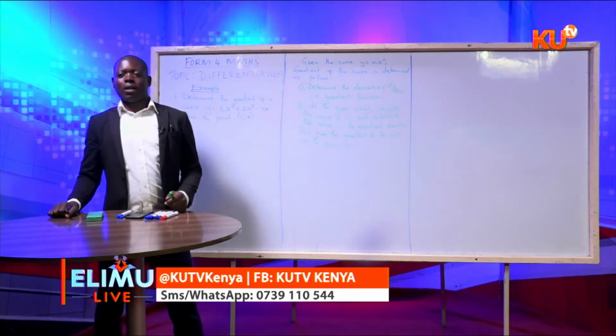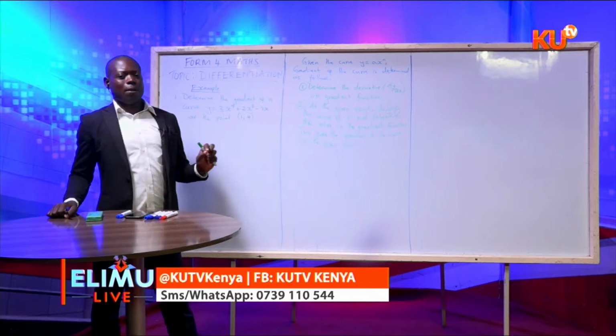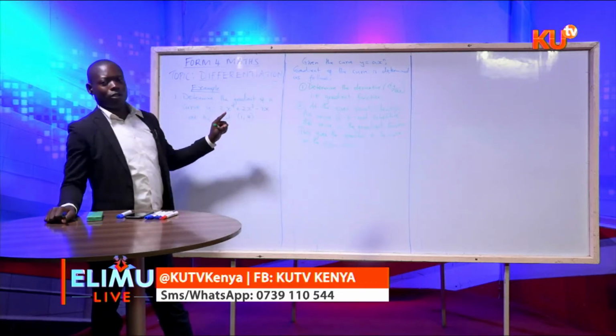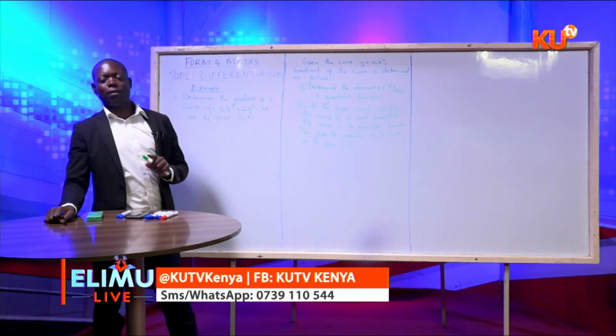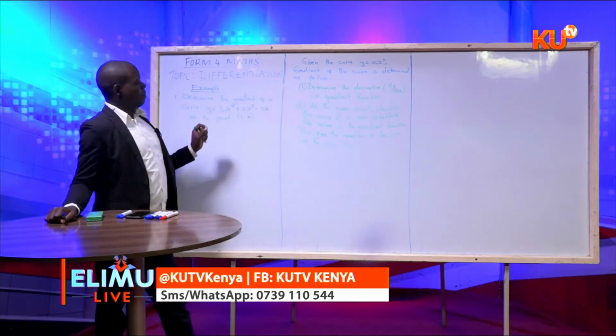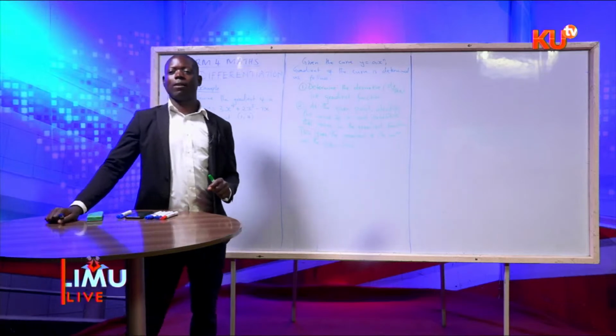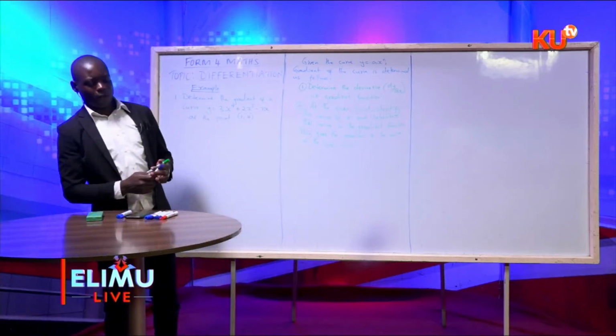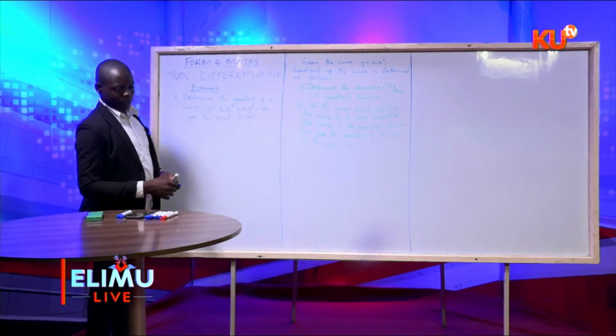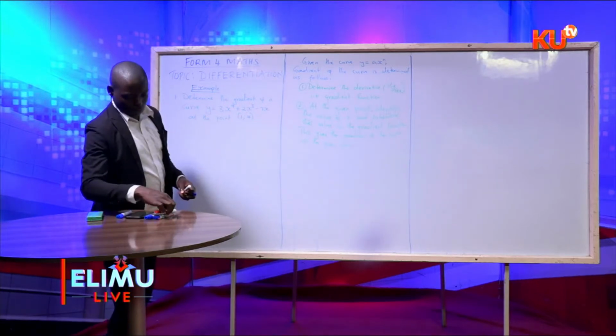Therefore, anytime you see such kind of a function, which is not a straight line function, then be able to get the dy dx. The dy dx will give what we call the gradient function. So how will it be? This is how we'll work it out.